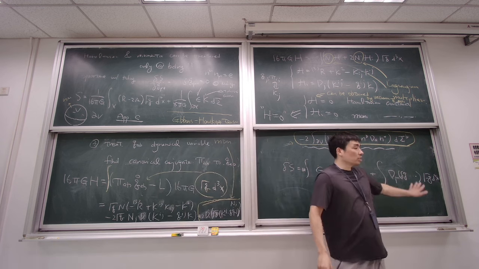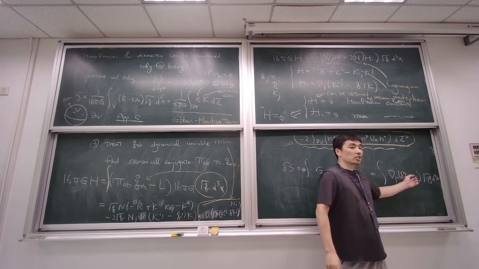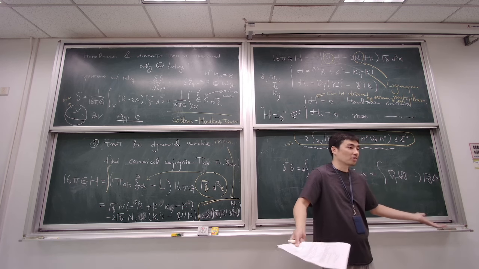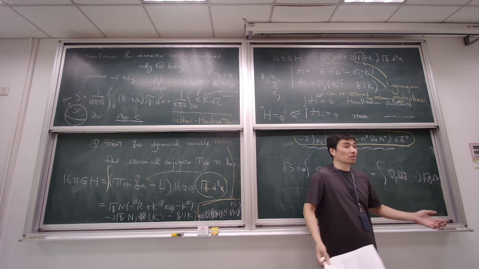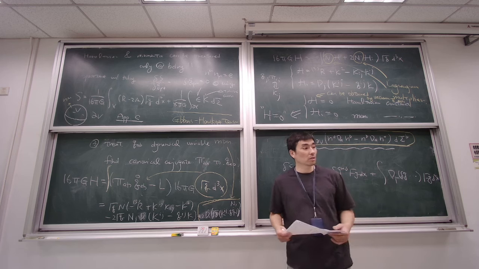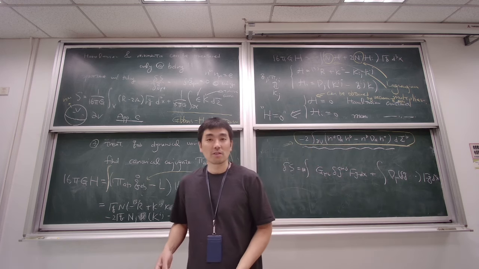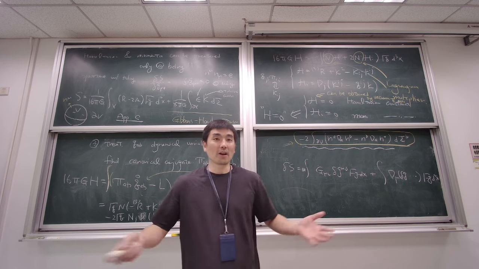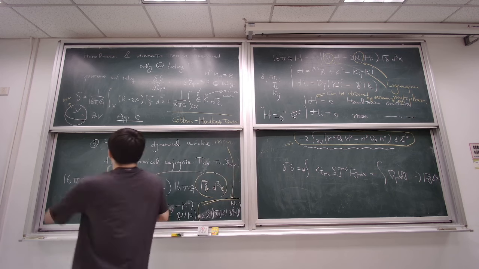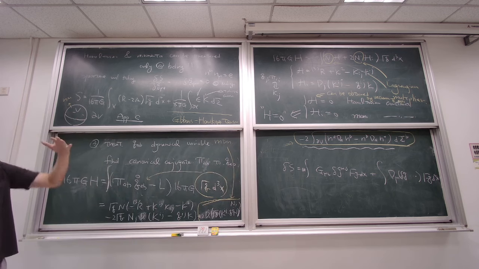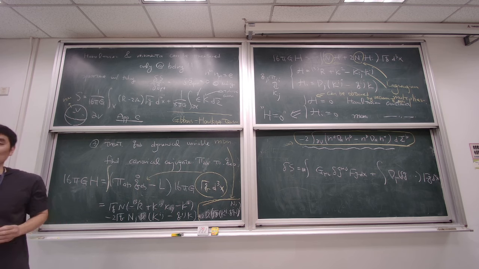Usually we ignore this boundary term because delta g at the boundary is equal to 0. But we can still consider that delta g is non-zero at the boundary. It's totally fine to change the metric at the boundary if you have some space-time with boundary.